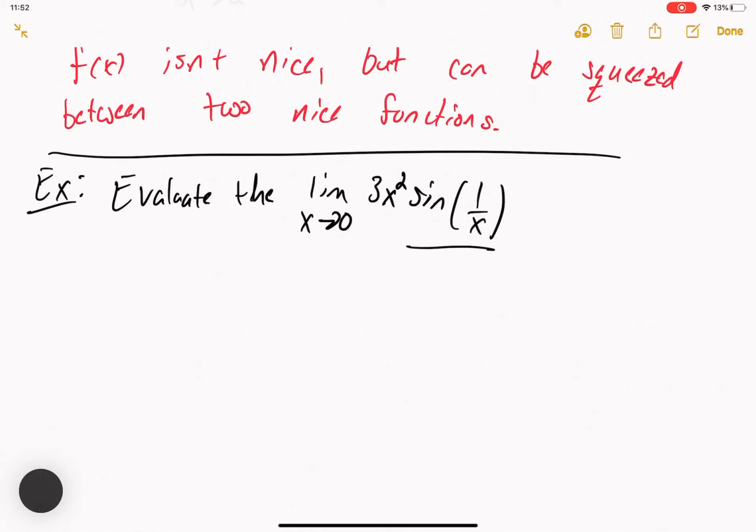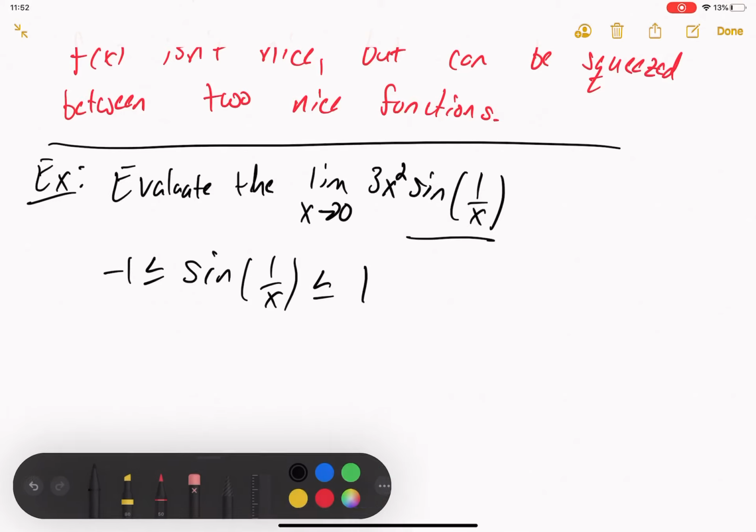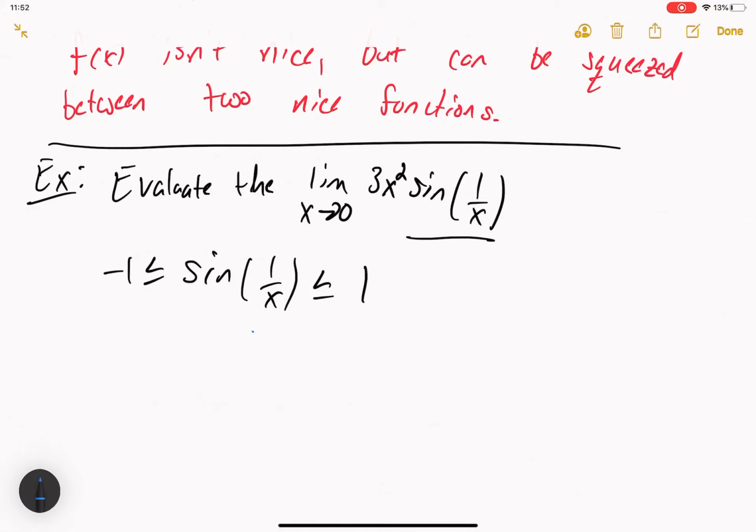So we have this inequality: -1 is less than or equal to sine of 1 over x, less than or equal to 1. This is something you'll have to remember from trig. Instead of 1 over x, we could have theta. This also works with cosines: any sine or cosine function we always want to try to bound between -1 and 1.